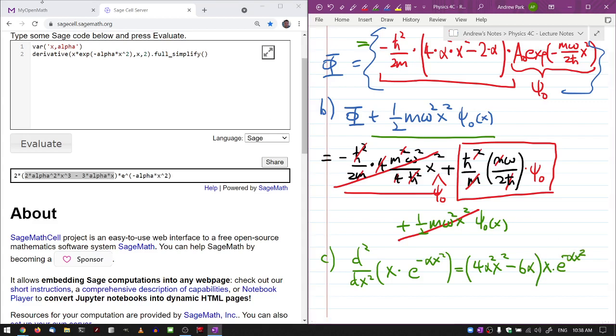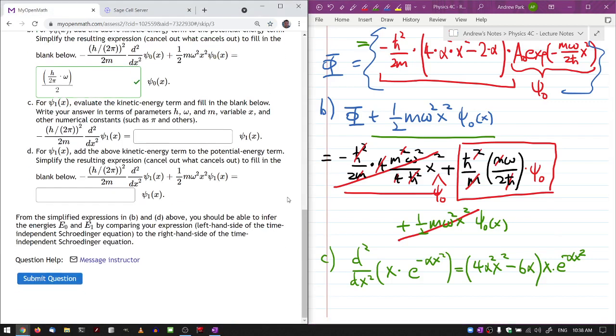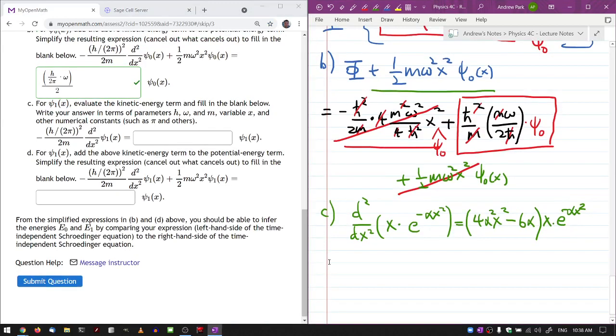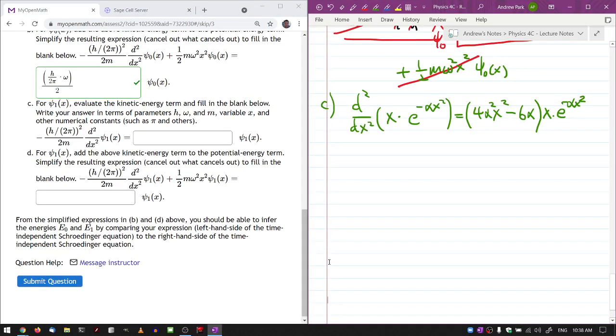All right, with that differentiation result in hand, I can do the rest of the calculation relatively easily.